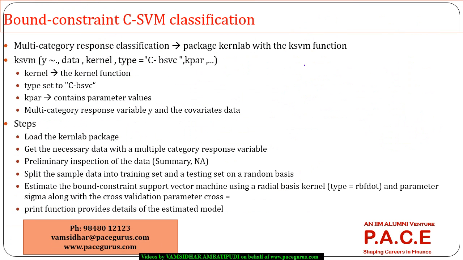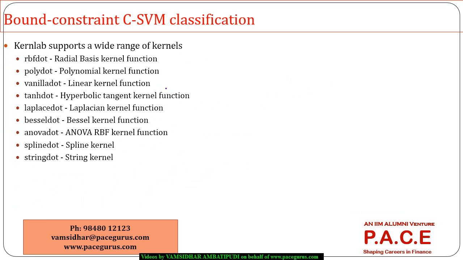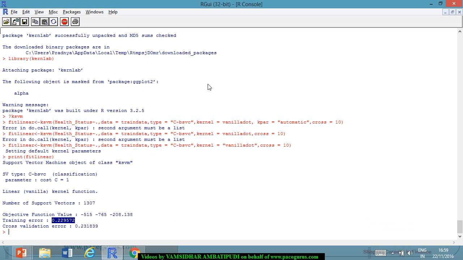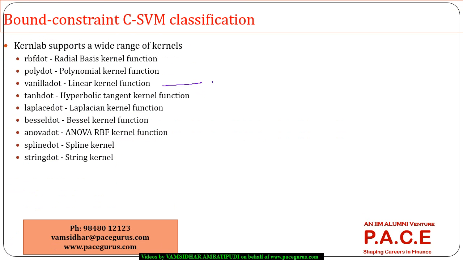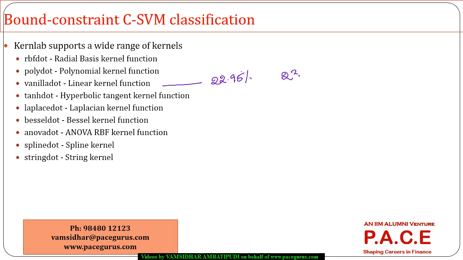So for vanilladot, the training error is 22.95% and the cross validation error, which is much more reliable, is 23.18%.